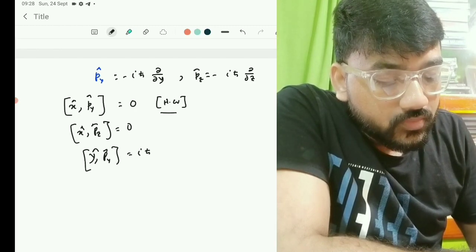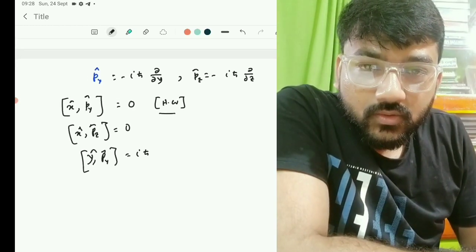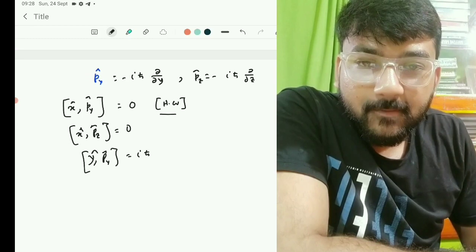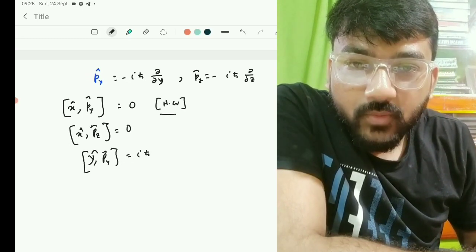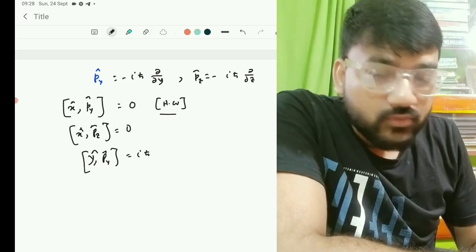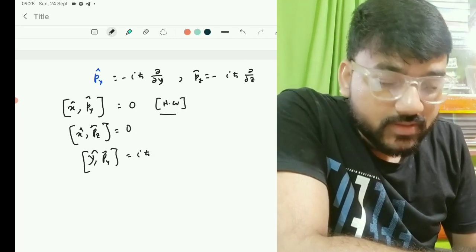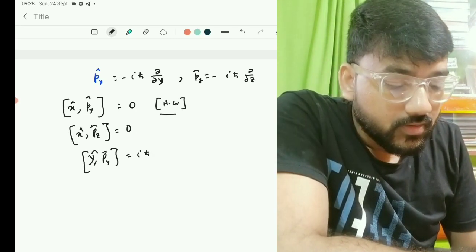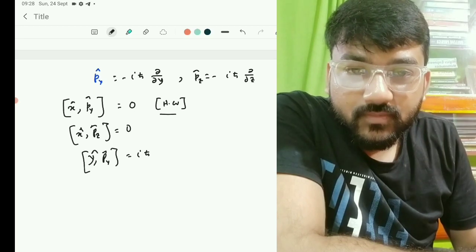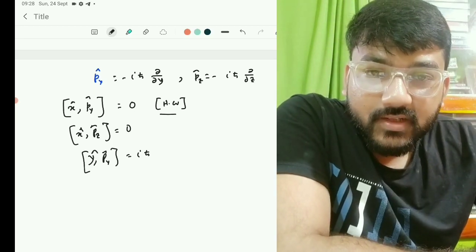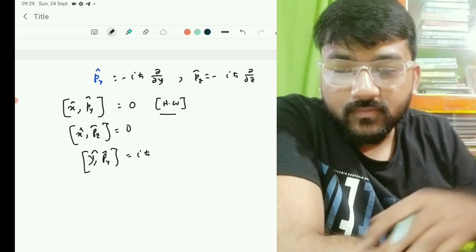So when x with px, y with py, and z with pz, you can get some commutation relation. But when it will be x with y, that means x with py or y with pz, these kinds of different things, then it will give you the result 0. Okay.